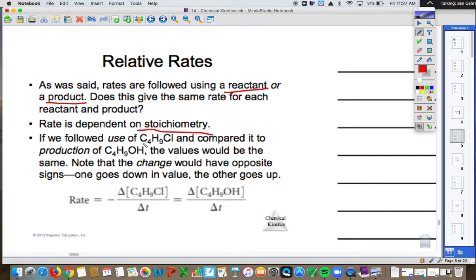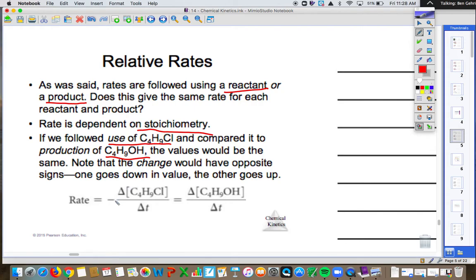But in this case, when we followed your 1-chlorobutane and compared it to the use of 1-chlorobutane, so as this was used up, how much 1-butanol did we produce? These values are going to be the same because in the reaction they had coefficients of 1. But because one is going up, one is going down, they're going to have opposite signs.